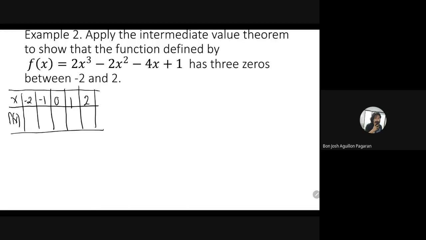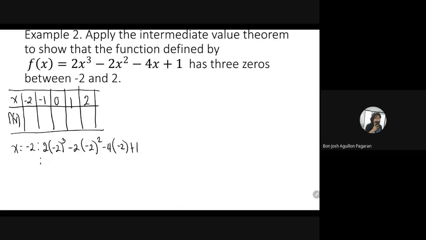So when x is equal to negative 2, pwede ba idiretso ko na? So 2 times negative 2 cubed minus 2, you'll just evaluate the function. 2 times negative 2 squared minus 4 times negative 2 plus 1.